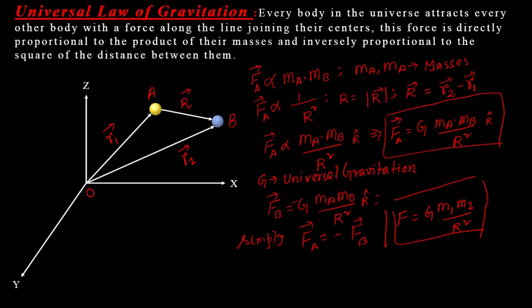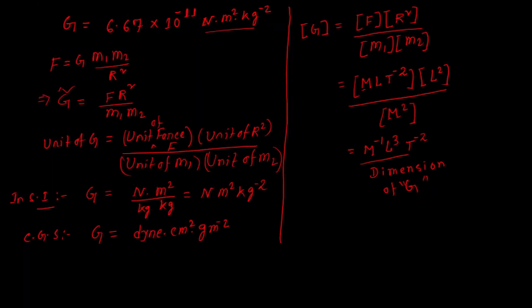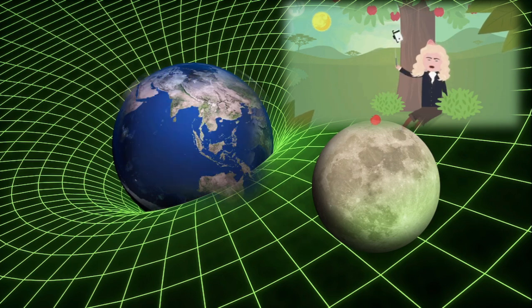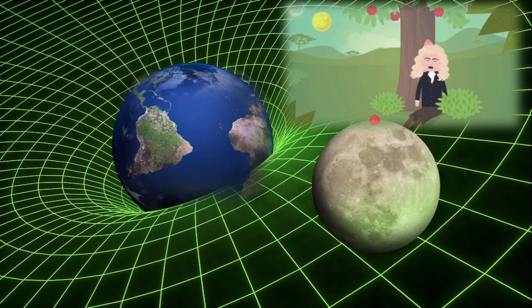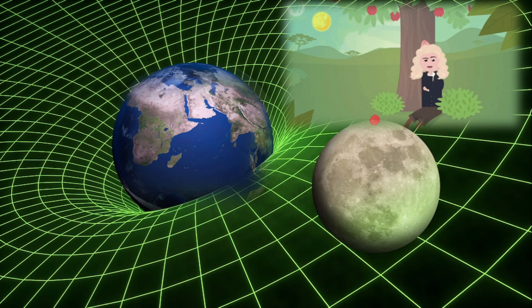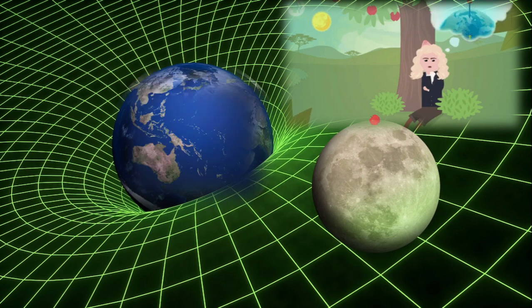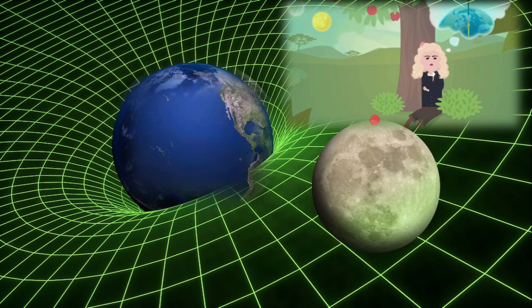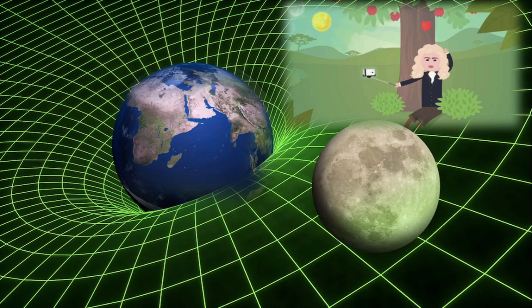So let's try to understand the basis upon which Newton gave this universal law of gravitation. Each of us knows the story of an apple falling on Sir Newton while he was sitting in the garden, and from there he got the idea of gravity and gravitation.